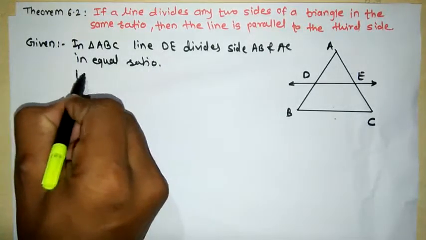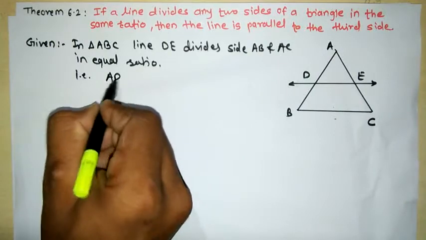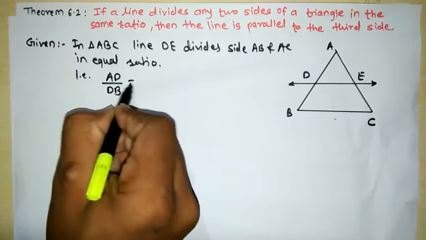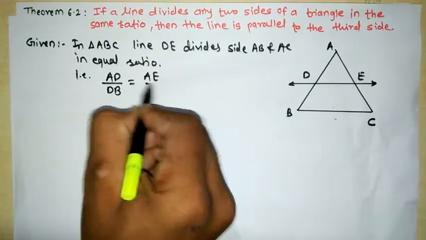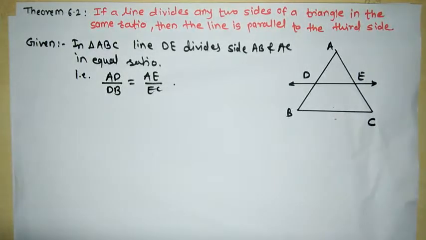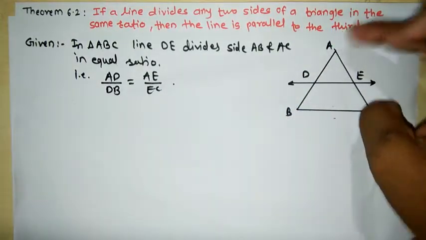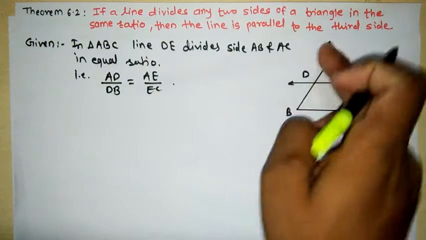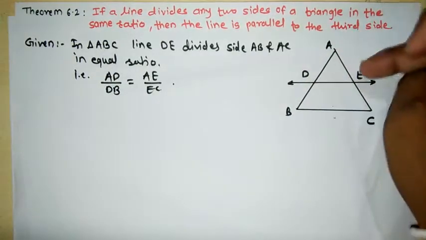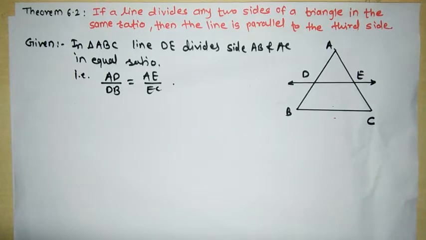That is AD by DB is equal to AE by EC. This is the given data. यहाँ पर क्या है, लाइन DE क्या करता है, two sides of a triangle को इक्वल रेशियो में डिवाइड करता है. That is AD by DB, this ratio is equal to AE by EC. AE बाय EC के बराबर होगा.